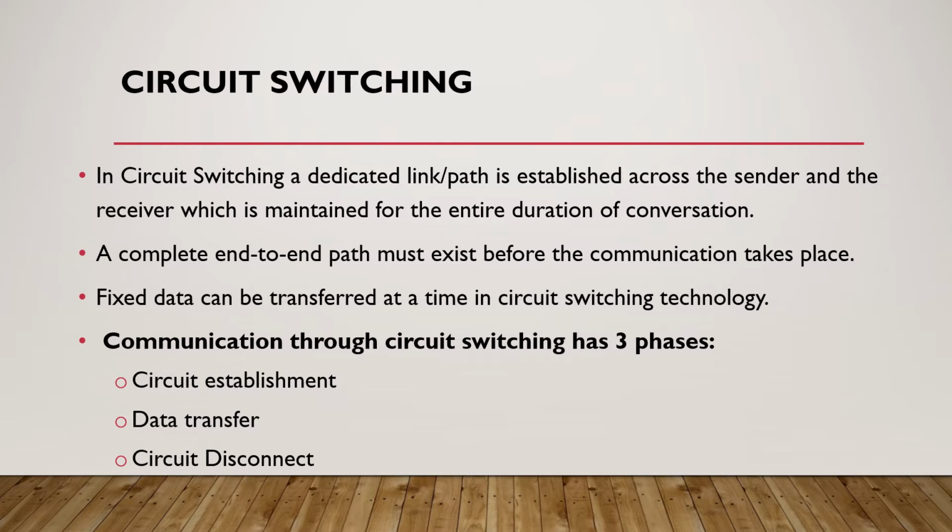Transfer of data from source to destination is known as data transfer. The data may be analog or digital, depending on the nature of the network. The connection is generally full duplex. Then circuit disconnect terminates the connection at the end of data transfer. A signal must be propagated to deallocate the dedicated resources.